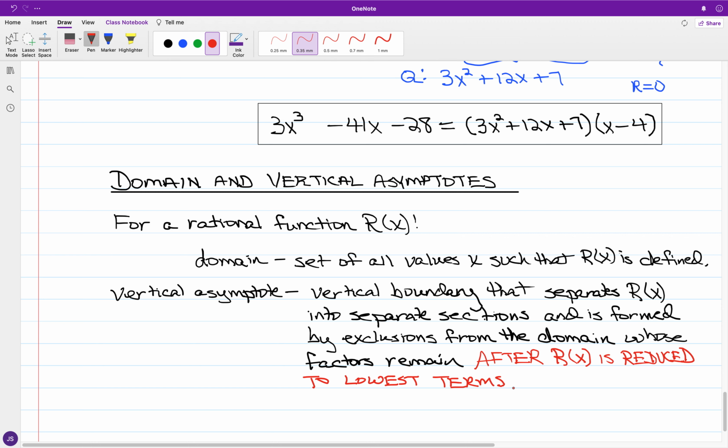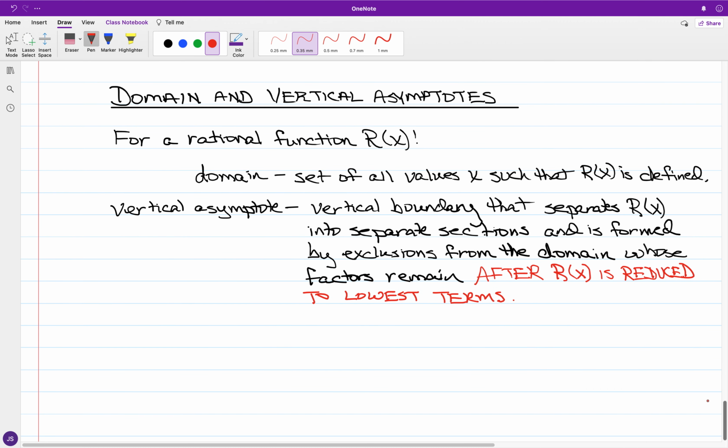Okay. All right, and just to give you an opening in terms of domains and vertical asymptotes, say you're looking at determining the domain and vertical asymptotes, if any.